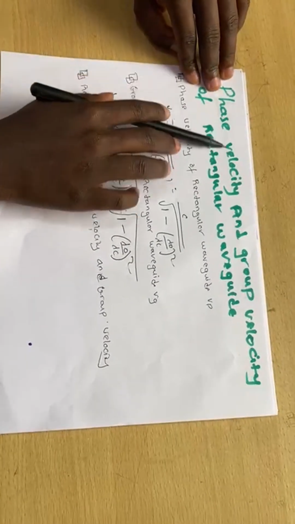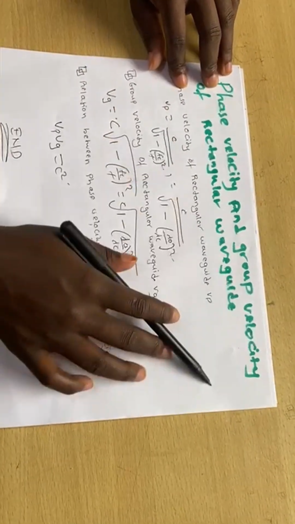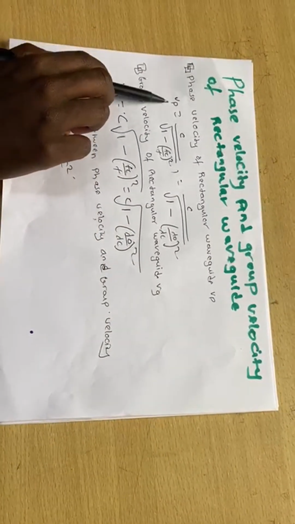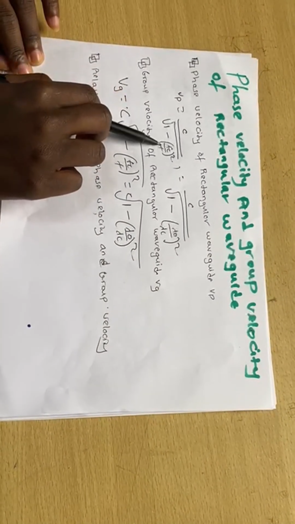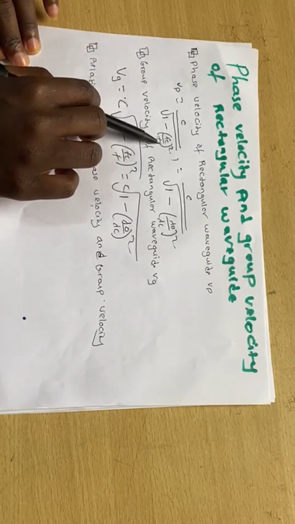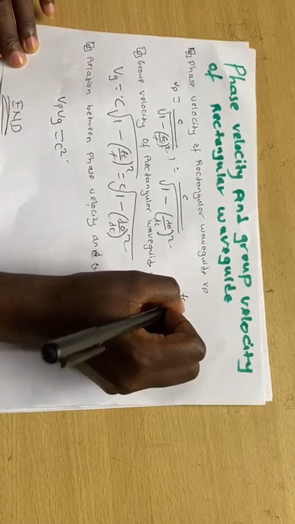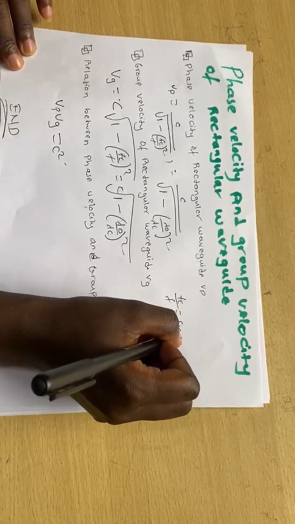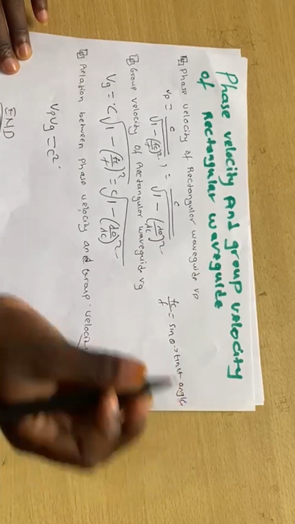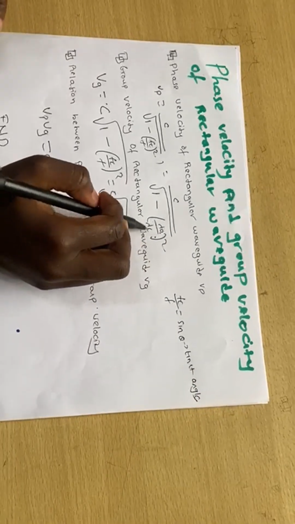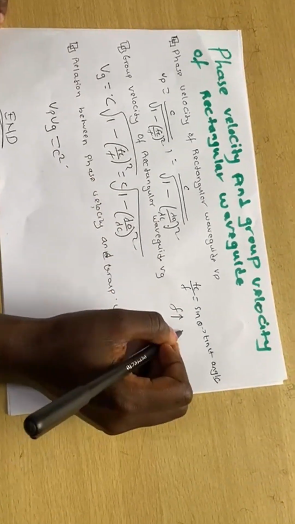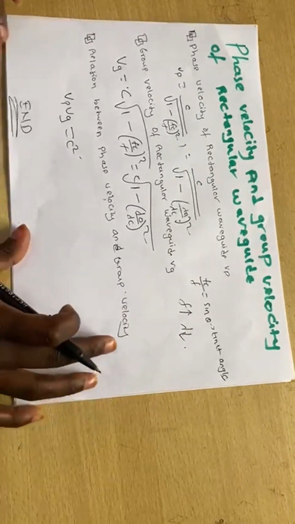Lastly, I spoke about the phase velocity and group velocity of rectangular waveguide, where I gave you the equations for the phase velocity in terms of f and in terms of lambda, where Vp is equal to c divided by square root of 1 minus (fc by f) squared. If you can remember, what did I say previously? This fc by f is equal to sine theta, which is the tilt angle. And here we have this in terms of lambda. Please take note that as f is increasing, lambda is always decreasing.